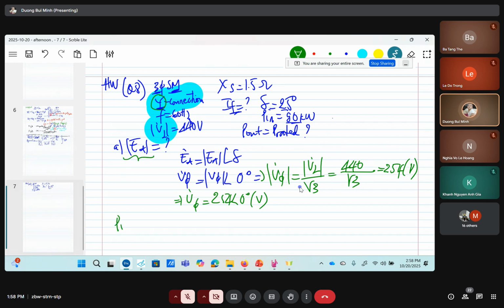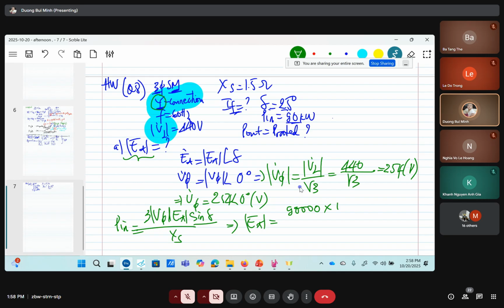So we have the formula P in equals 3 V phase EA sine delta over XS. So we can get EA is P in times XS over 3 V phase sine delta. P in is 90 kilowatt, so that means 90,000 watts.